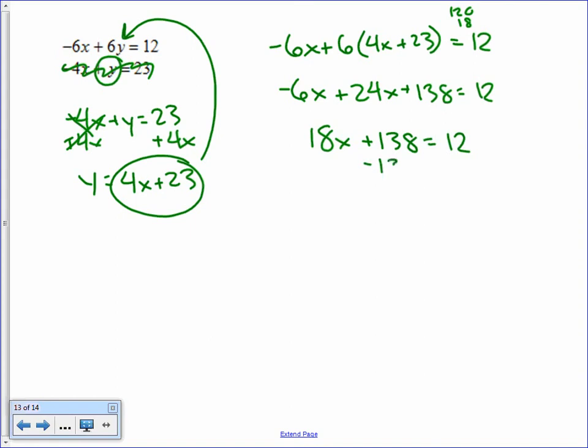And then let's subtract 138 on both sides. So 18x will equal negative 126, and then divide by 18 on both sides.